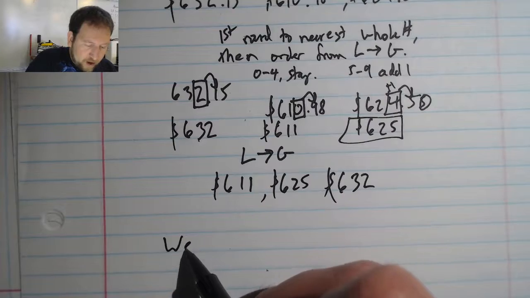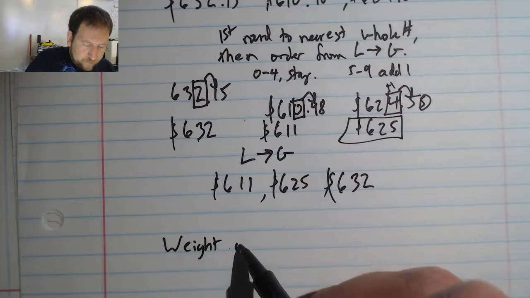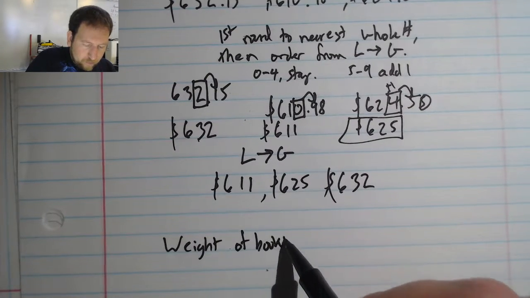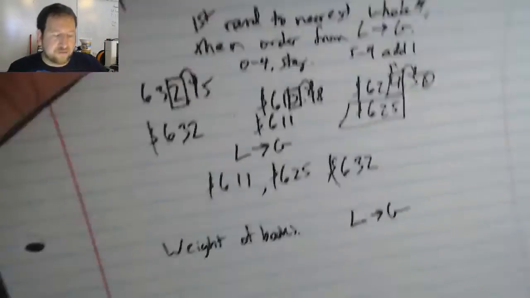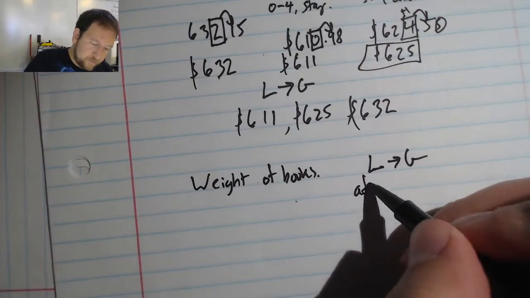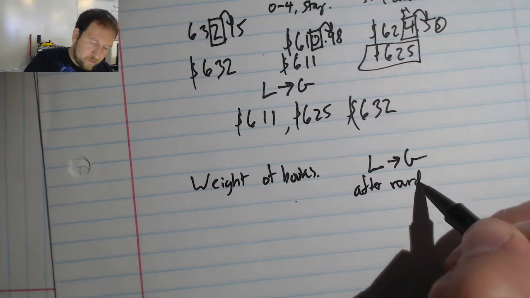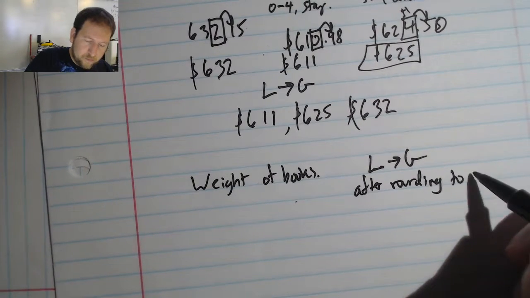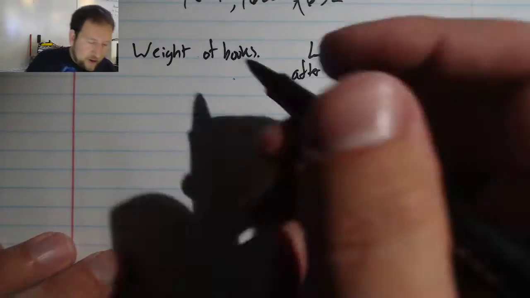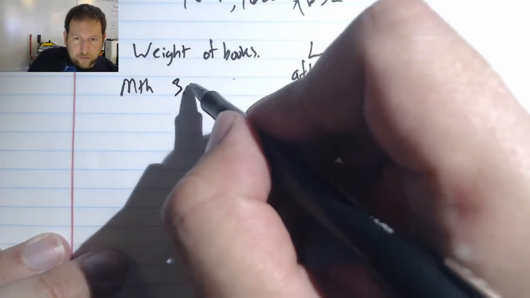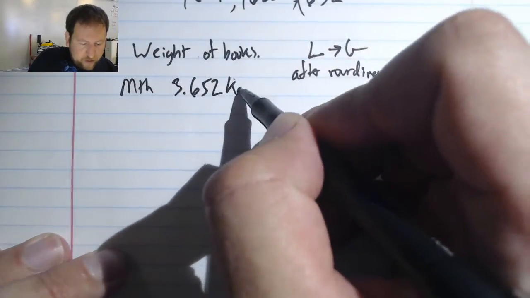We're going to look at the weights of our books, and then compare them from least to greatest after rounding to the hundredth. All right. We have our math book, which weighs 3.652 kilograms.